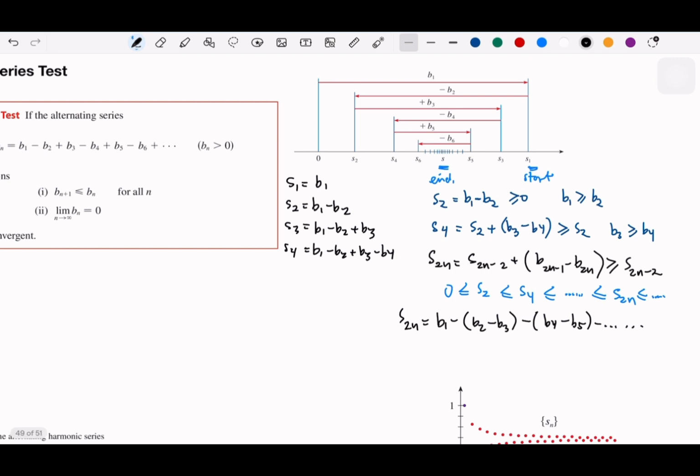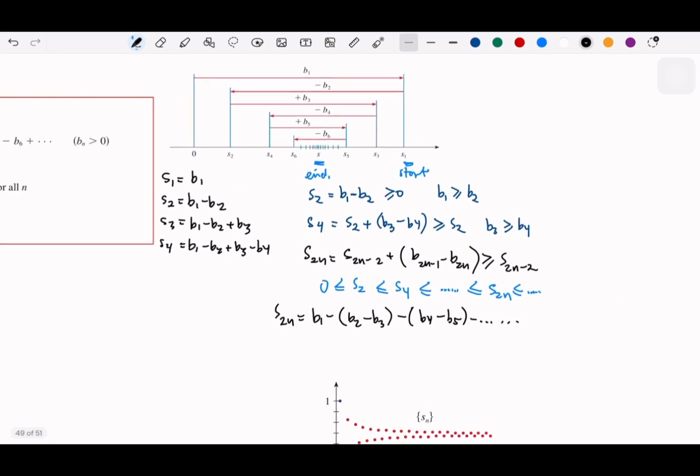So this will be going on until B2n minus 2, 2n minus 1, and then this is perhaps the last term. And in every parenthesis, these are going to be positive terms because they are going to decrease and decrease and decrease, right?